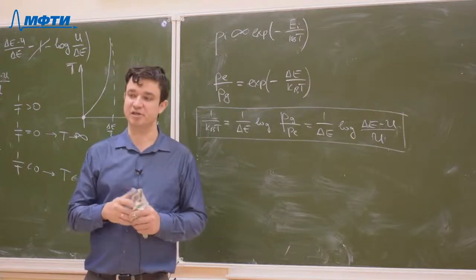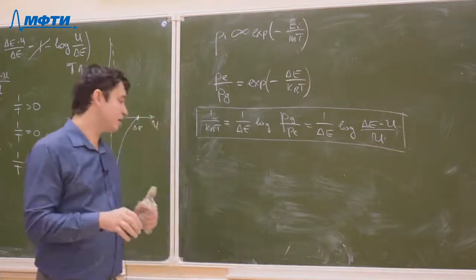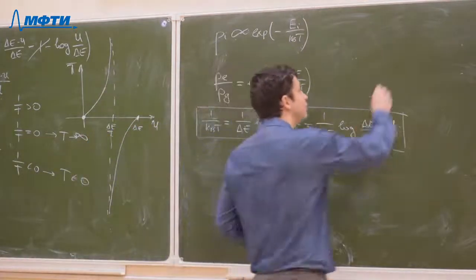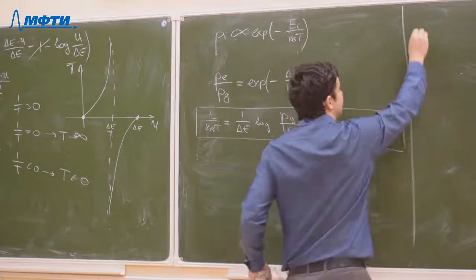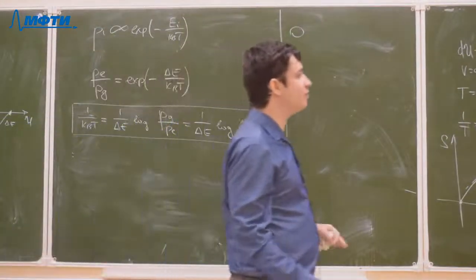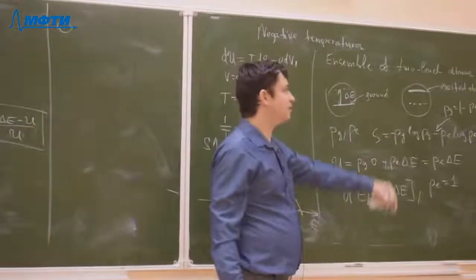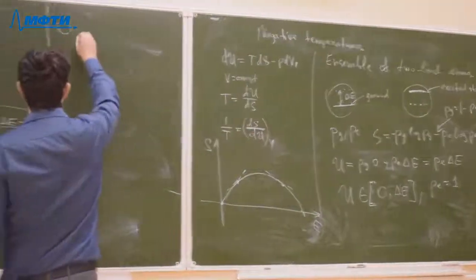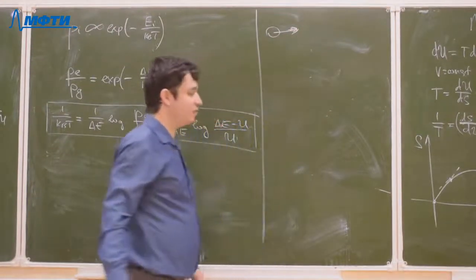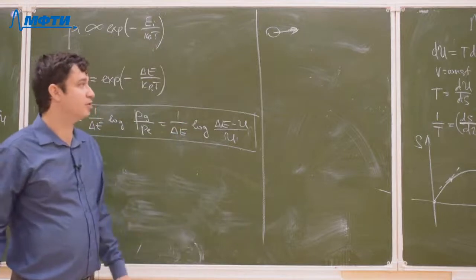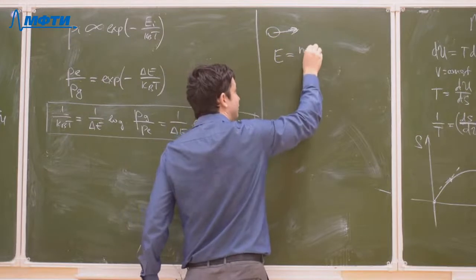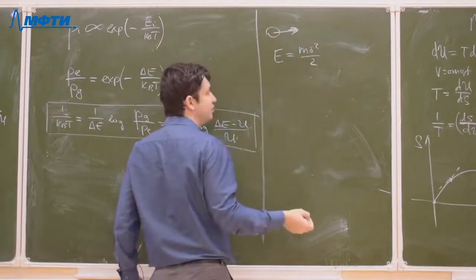But if we look at real-world systems, let's say we have some molecules, then typically not only can the molecule be found in a ground or excited state, the molecule can move. So a molecule can undergo a translational motion. But translational motion has an energy spectrum which is not limited.